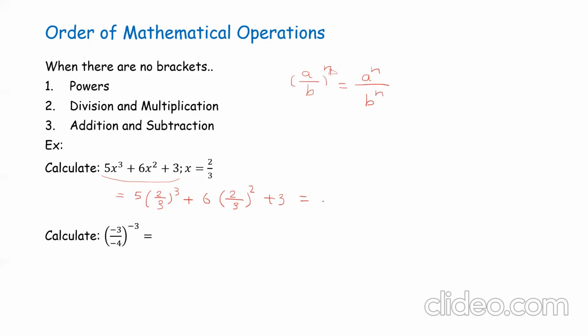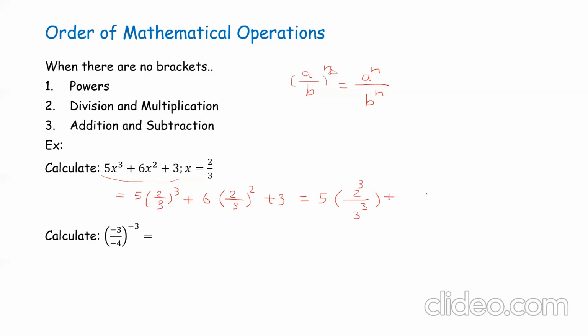In this case, we will have 5, we leave it outside for the moment, and then 2 to the power of 3 over 3 to the power of 3.